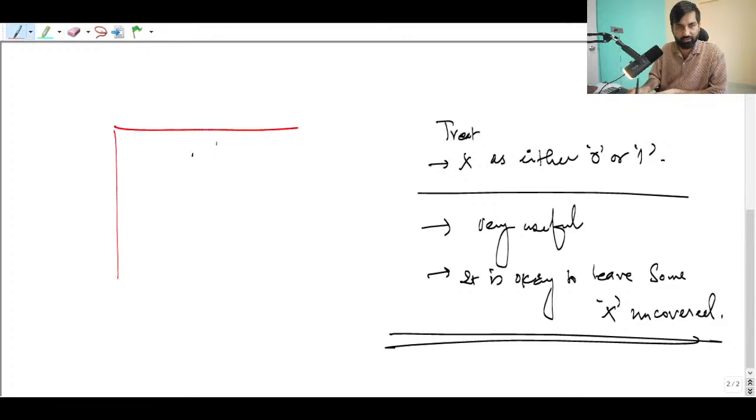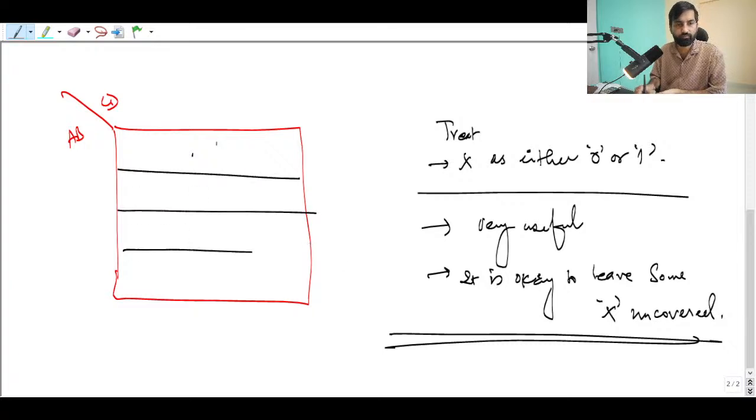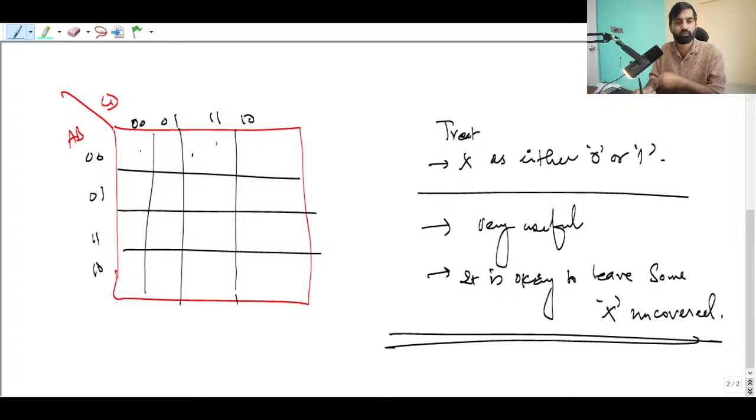So this is A, B, C, D, and now there will be 16 cells. 0 0 0 1 1 1 1 0, 0 0 0 1 1 1 1 0, so it is given like this. Here there is a cross, and they have given 1 1 1 1, and this is given as don't care. That is the question.